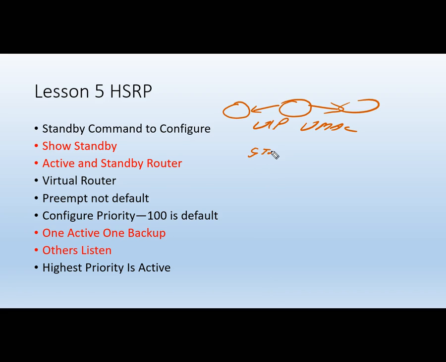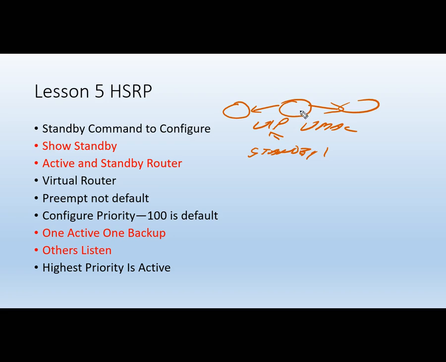We use a standby command on an interface, standby, and then a group number. Then we configure an IP address, and that IP address is going to be the virtual IP. Once we do that, we use that as our default gateway.